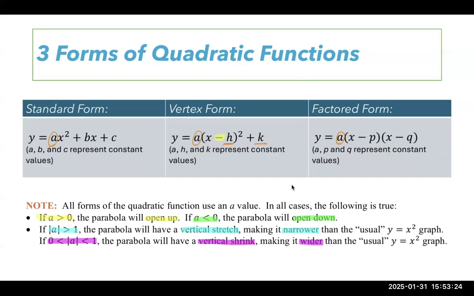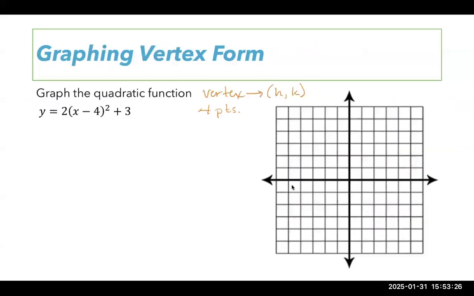So when you look at something like x minus 4 being squared, our h value is just 4. The minus there is part of the structure of the vertex form. On the outside, our k value is what it looks like. Plus 3 is a positive 3.